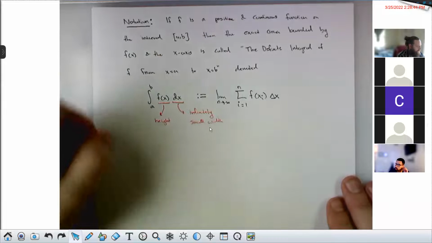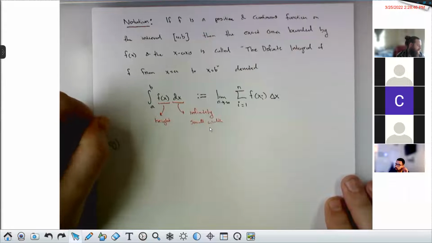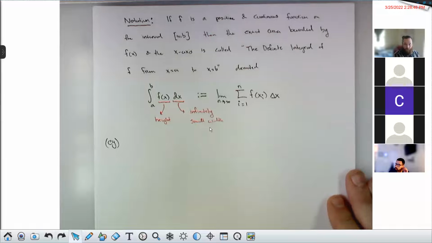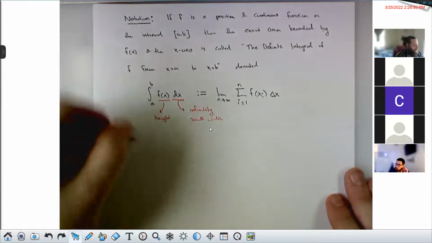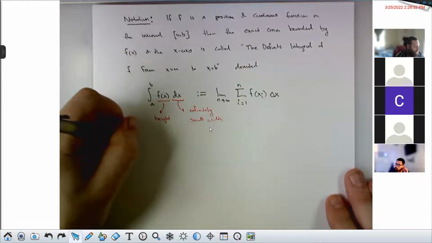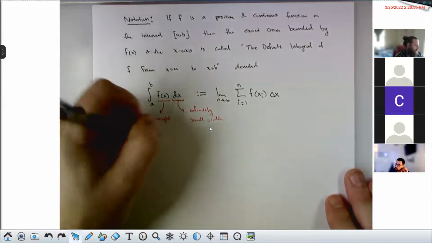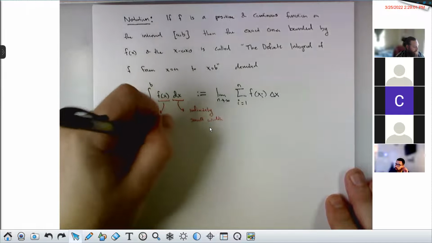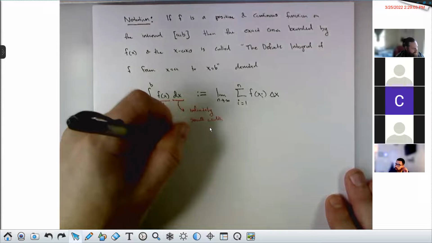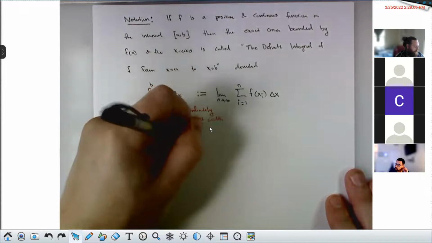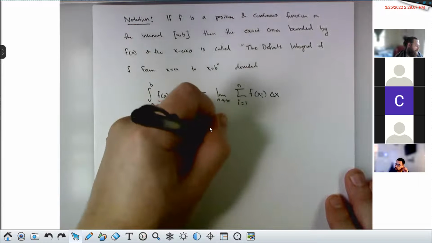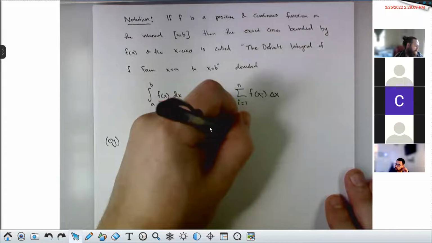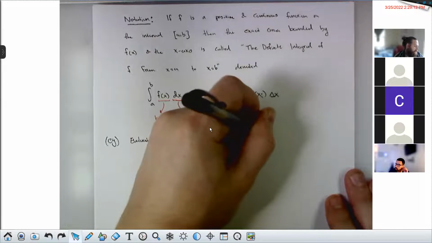I'm going to phrase this in the way that the homework problems you'll be seeing next week are phrased. So I'm going to say evaluate the integral from 0 up to 1 of x minus x cubed dx using the definition.